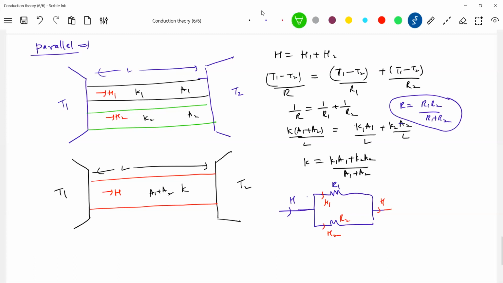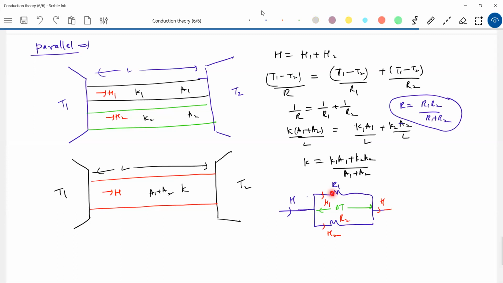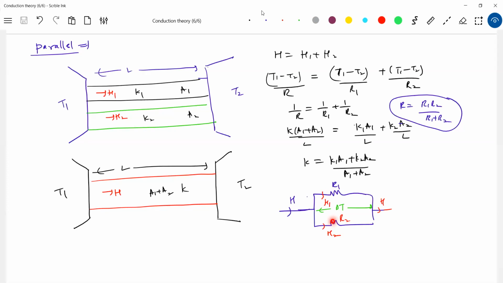Now the temperature difference will be delta T, and both are at the same temperature difference. They are said to be in parallel. What do we mean by parallel? If the thermal power encounters a junction where it branches, then these two are said to be in parallel.